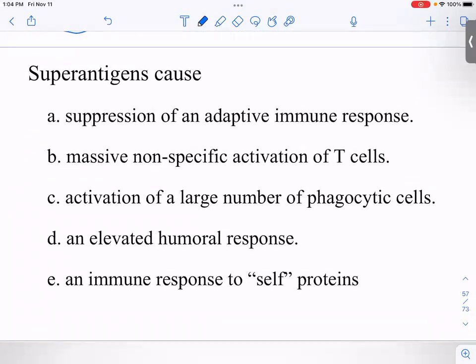I think hopefully this one's a little bit more straightforward. We talked again about what superantigens are. Take a second to read that. So the correct answer here would be B. E describes autoantigens.